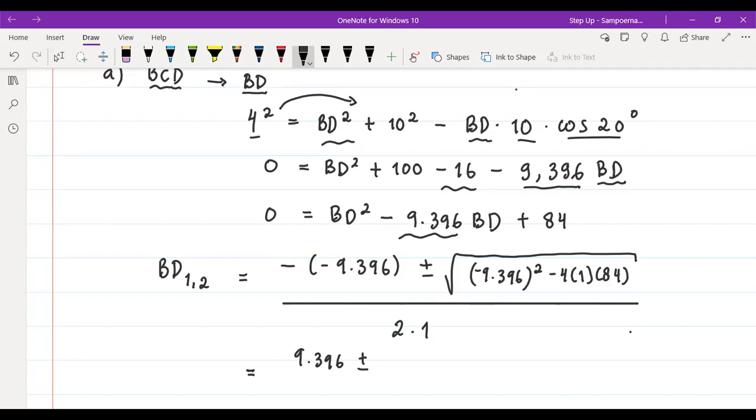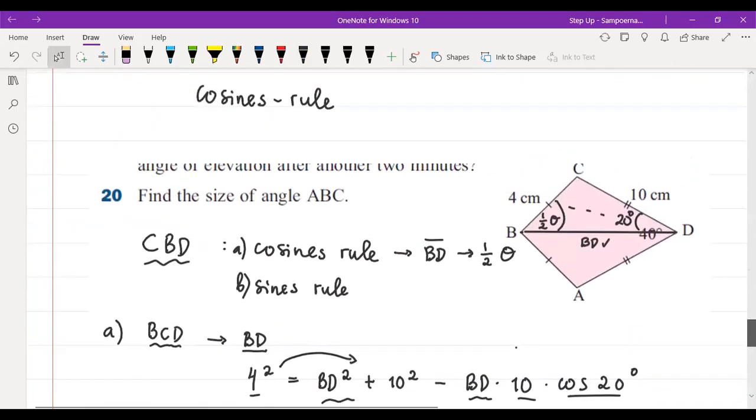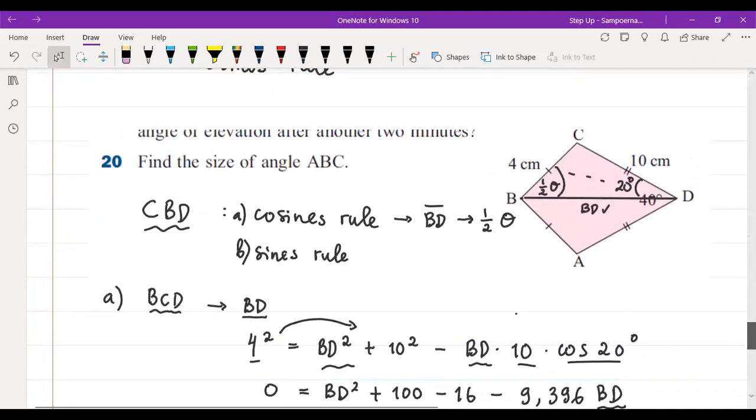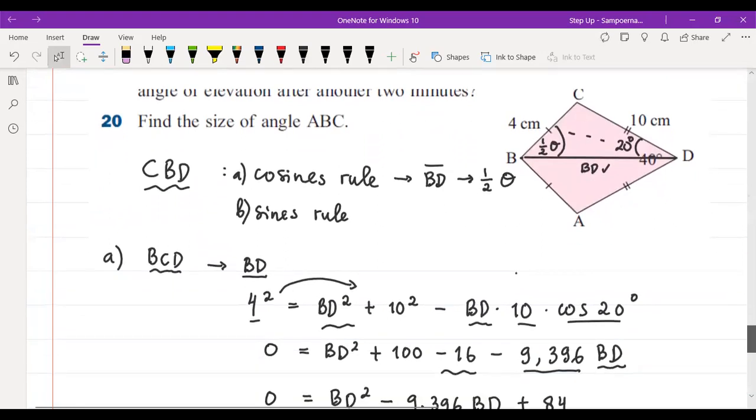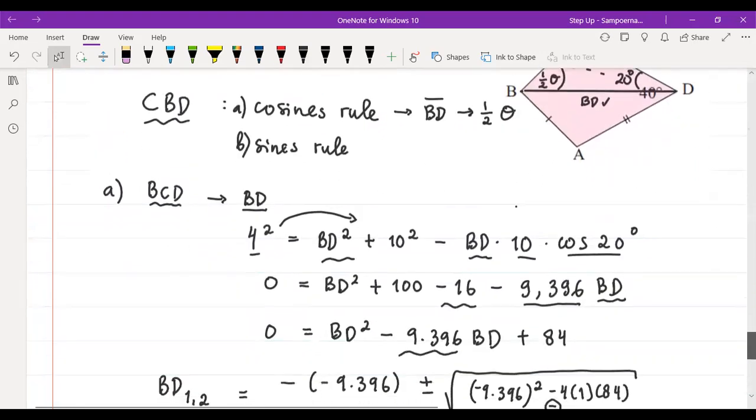It's wrong because the value under the square root is negative. Have you realized that? Maybe I made a little mistake here. Let me check. 4 squared equals 10 squared plus BD squared minus, oh, I see.